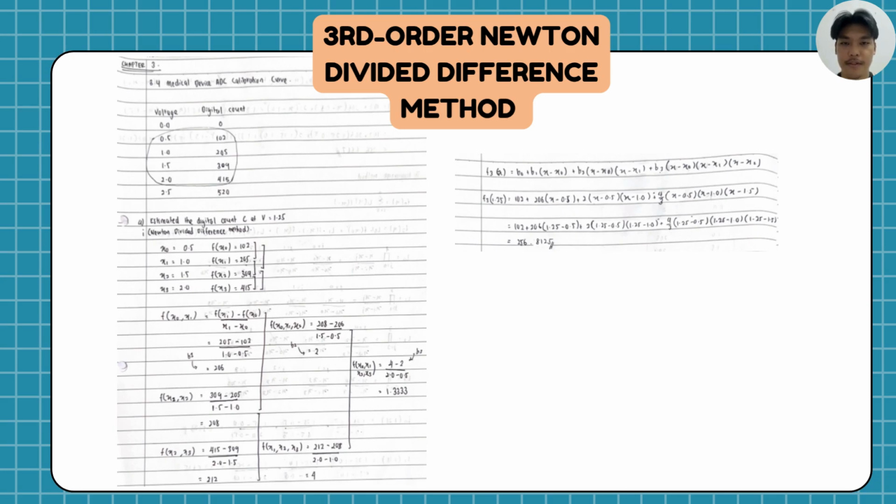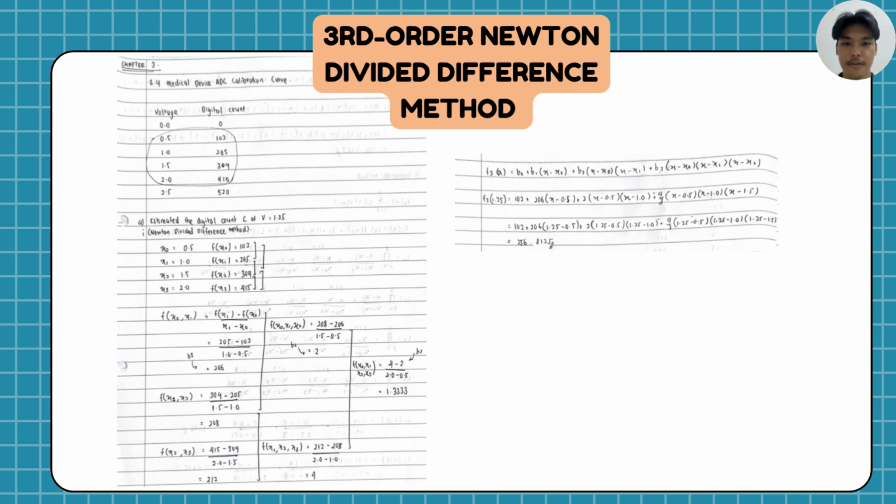Now, I will explain the calculation process using the third order Newton divided difference method. First, I selected 4 data points that are closest to the target voltage of 1.25 volts, which are 0.5, 1.0, 1.5, and 2.0 volts. Next, I constructed the divided difference table by calculating the first, second, and third divided differences. These values were then used to determine the coefficients of the Newton interpolation polynomial.